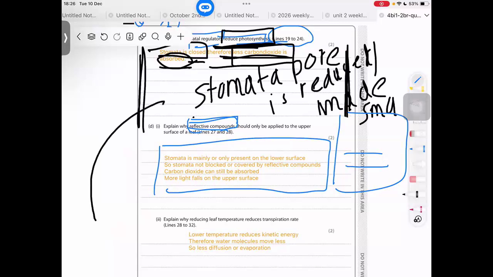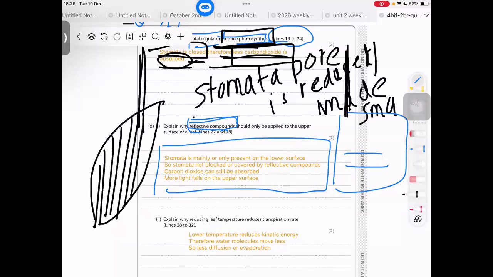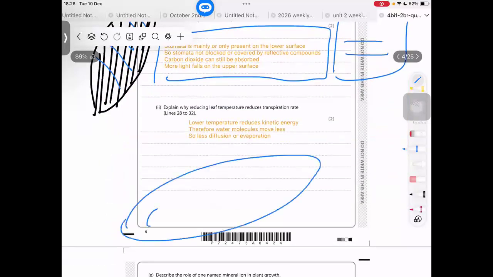You can see here they have said they're applying some reflective compounds on the leaf surface, right? When you apply these reflective compounds, the gaseous exchange is blocked, right? Because the stomata are covered. Now imagine on the top of the leaf, if there are any stomata, right? Stomata are not like this, I just wanted to show you.